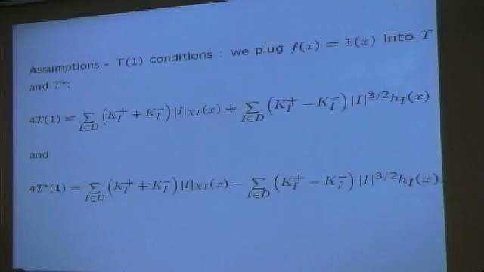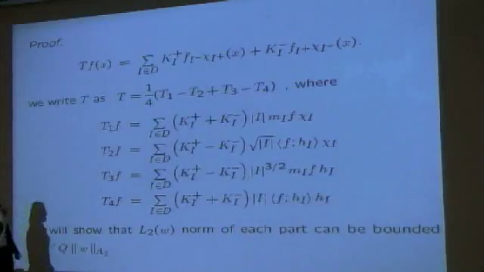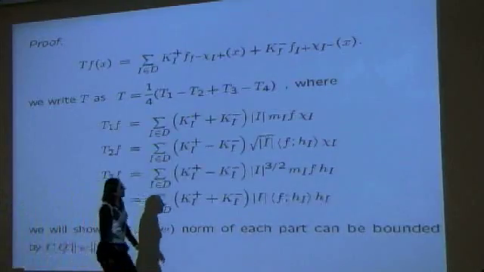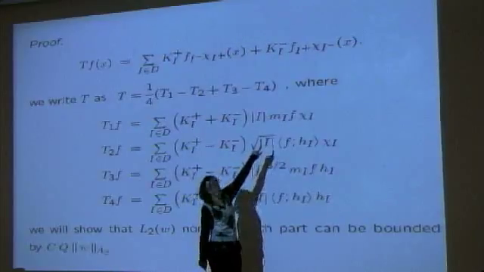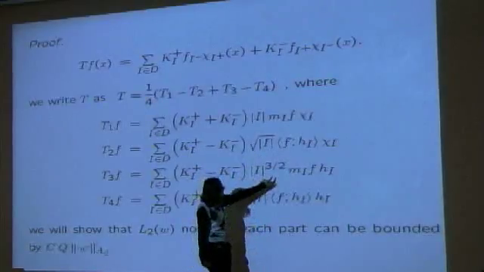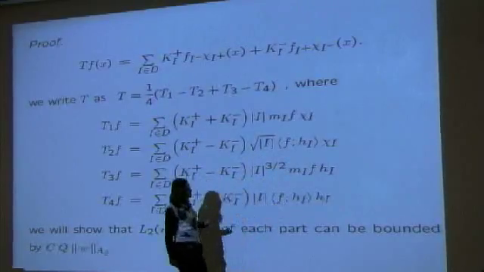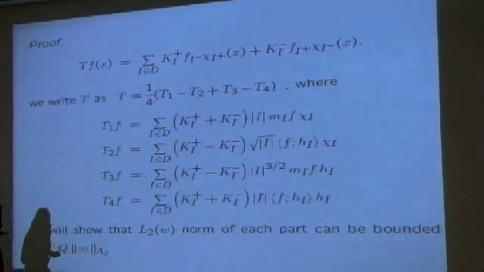Let me go back for a second. What happens when you put function 1 into T? When I average function 1 over an interval I, I'm getting the length of I. When I'm dotting function 1 with the H_I's, I am getting 0.